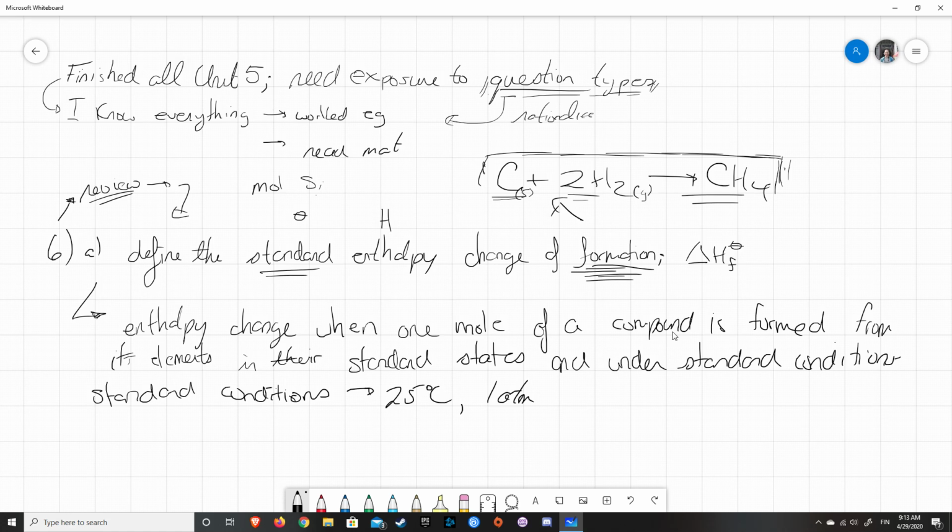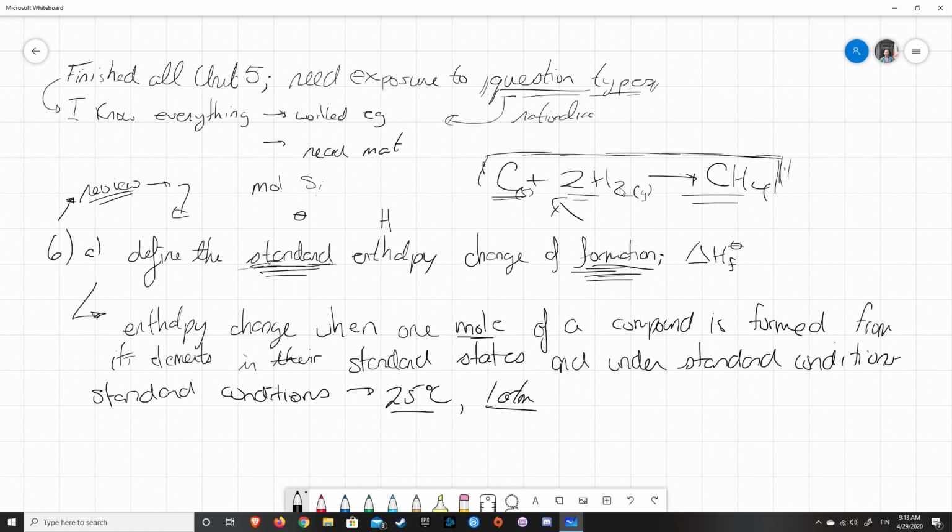So standard conditions: typical pressure, average room temperature, and 1 mole. So the standard is just what we'd find typically in nature. The standard enthalpy of formation is for 1 mole of a compound formed from its elements in their standard states. That's what we said with this one: carbon and hydrogen, purely.